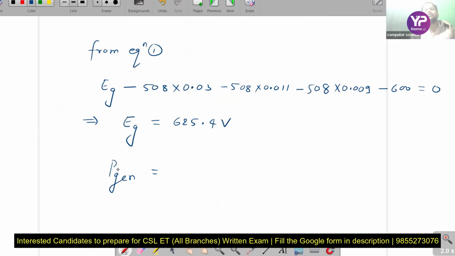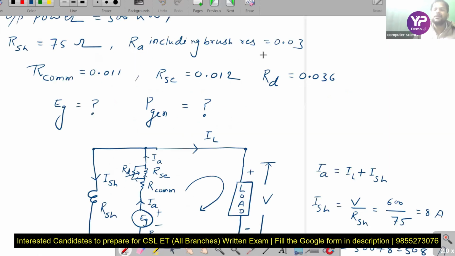We know power is the product of voltage and current, so generated EMF into the current flowing through the armature gives generated power. Here the generated EMF is 625.4 and IA is the armature current.